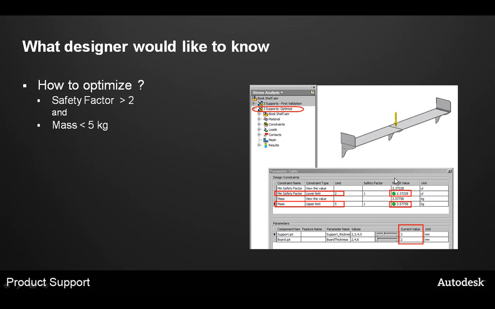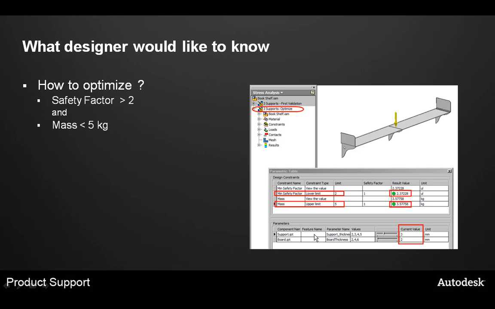So you see here on the limit column, we entered our limits for the safety factor and the mass, and you see here the result value. So our safety factor here is 2.37, which is higher than 2, which is fine, and also our mass is 3.57, way below 5. At the bottom you see the parameters that we actually were varying between certain values.